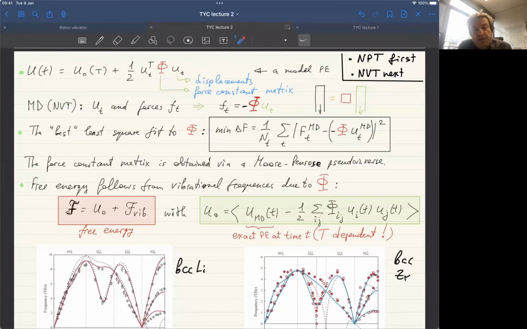Once you run these simulations, atoms would oscillate around their thermodynamic equilibrium positions, and at each such set of atomic displacements, you would get atomic forces acting on atoms.